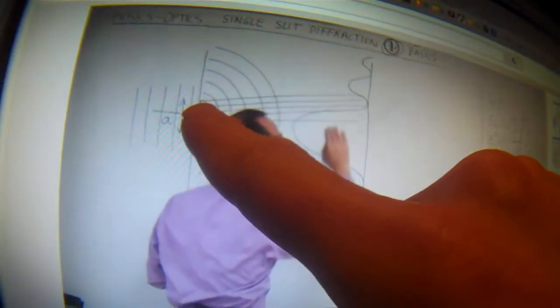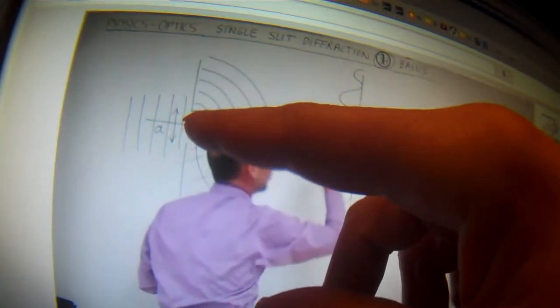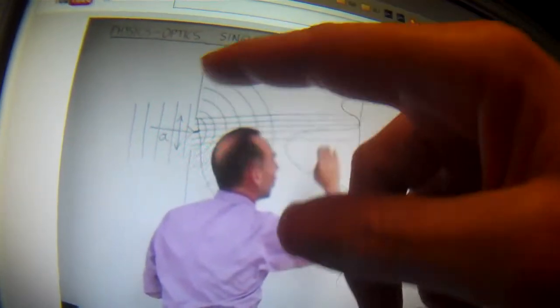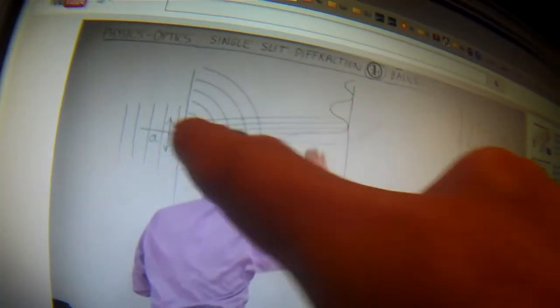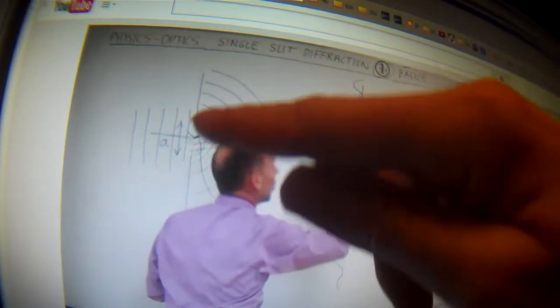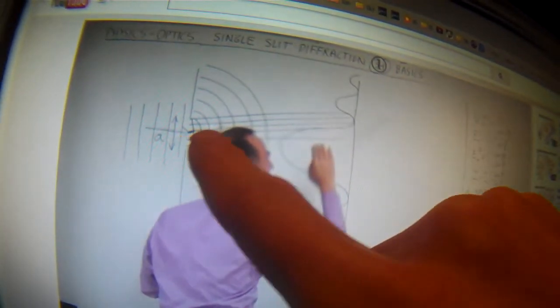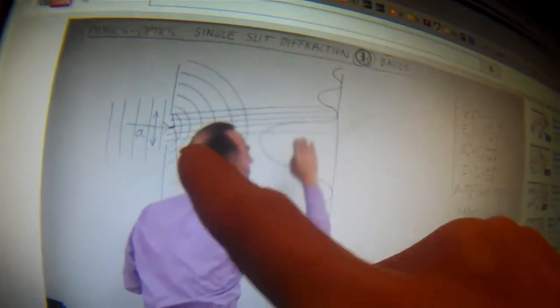And the only thing you're doing is changing the direction of the light by having the light interact with electrons, which are vibrating. And the point in the cycle of the vibration will dictate where this light beam will go, and where this pattern is going to show up.